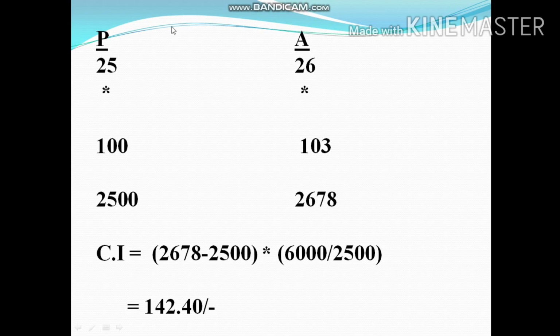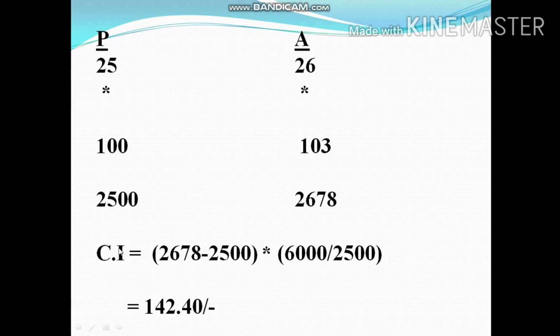Now let's see. For the first year, principal is 25, amount is 26. For the second year, principal is 100, amount is 103 rupees. Let's multiply. 25 into 100, that is equal to 2500, and 26 into 103, that is equal to 2678.